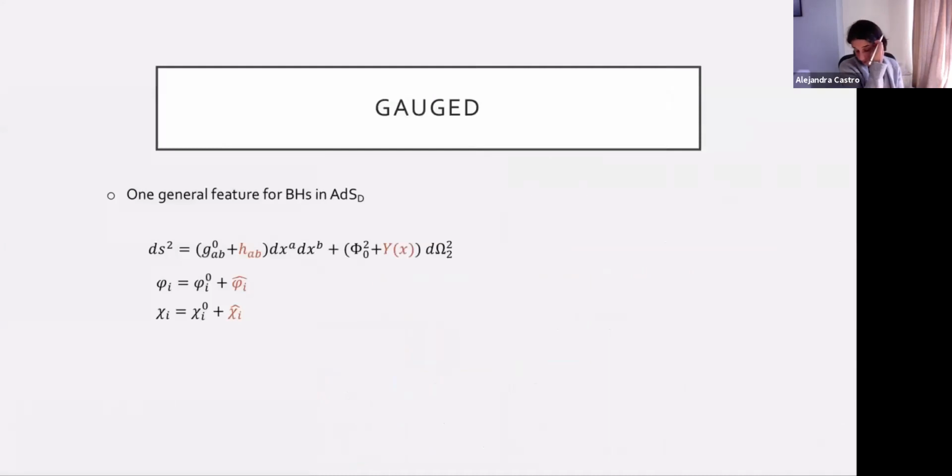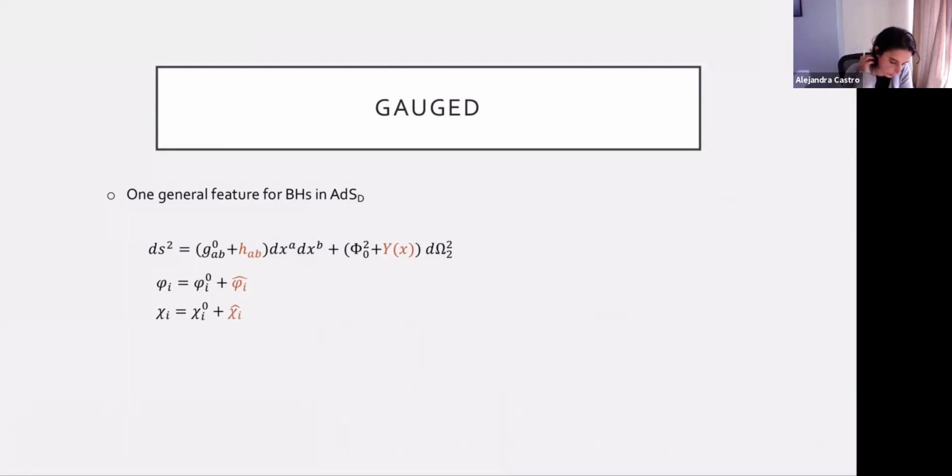Okay, now moving to the gauge case. In the gauge case, there are further technical difficulties. Black holes in AdS are just more complicated, period. Anyone that has tried to build solutions or characterize solutions in AdS will appreciate that they tend to be slightly more complicated than their ungauged counterparts.